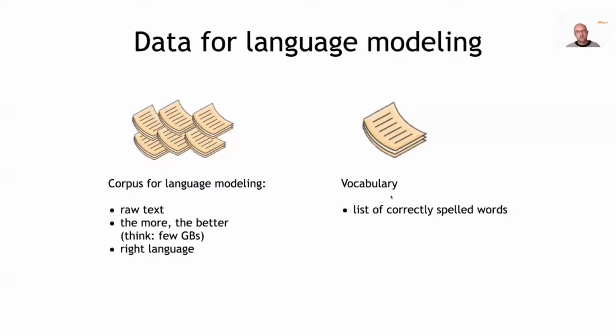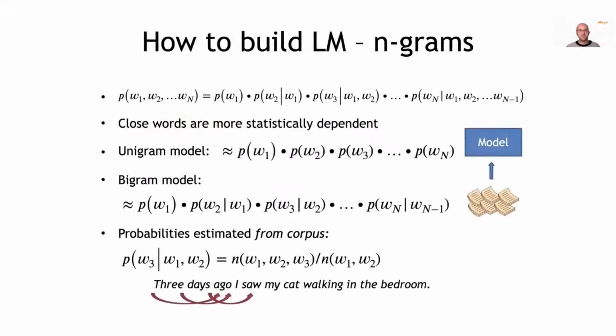And now let's talk about algorithms, how to build a language model. As we said at the start, the language model is a function which assigns a probability P to a sequence of words. So without losing any generality, we can rewrite this as a product of the probability of the first word, then the second word provided the first, and so on.